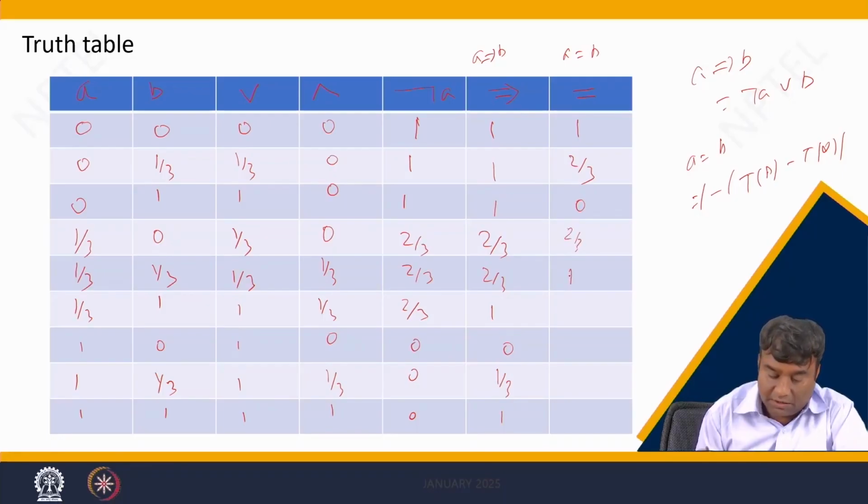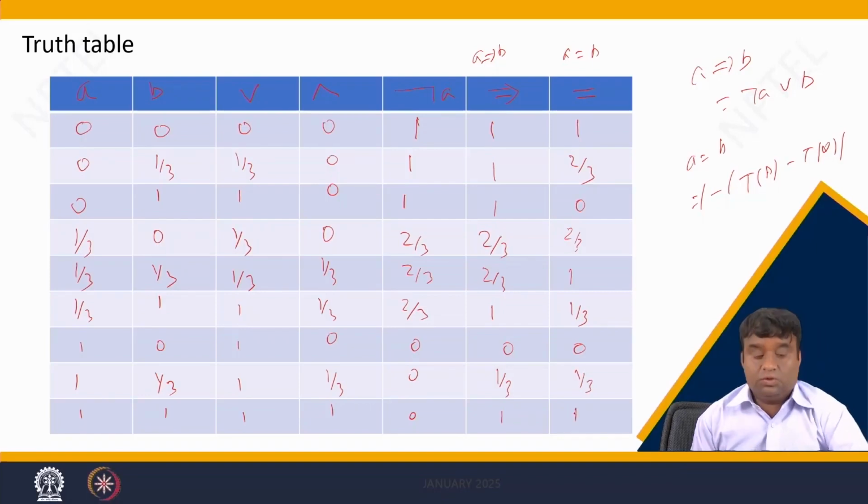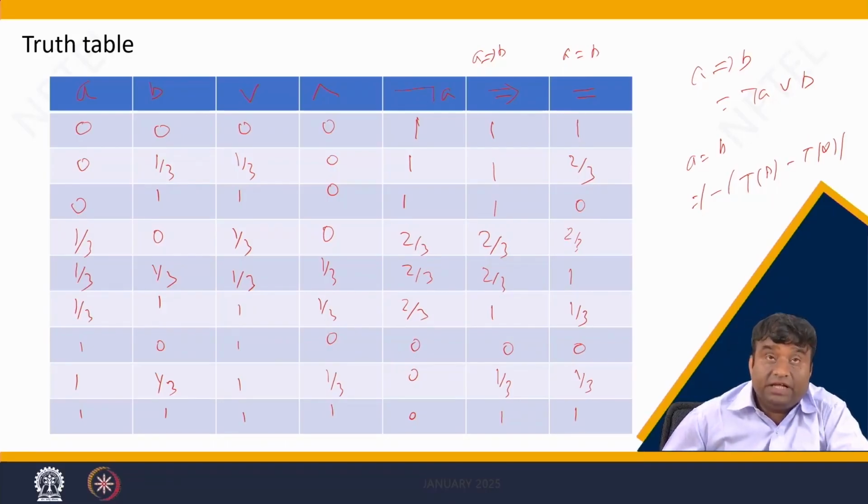Then 1/3 minus 0 gives 2/3. 1/3 and 1/3 gives 1. 1/3 and 1, the difference is 2/3, so 1 minus 2/3 is 1/3. Then 1 and 0 gives 0. 1 and 1/3, the difference is 2/3, so again 1/3. And here it is 1. So you can try these things by taking any truth values of A and B. Next one is fuzzy implication.